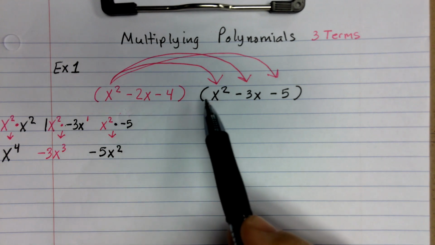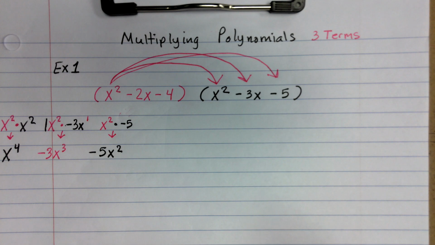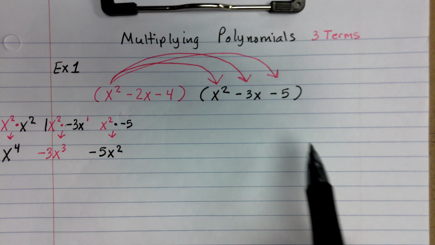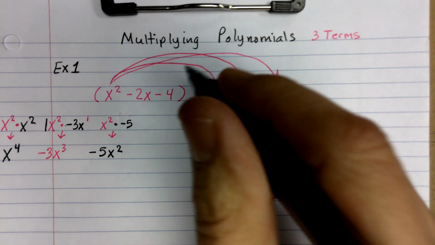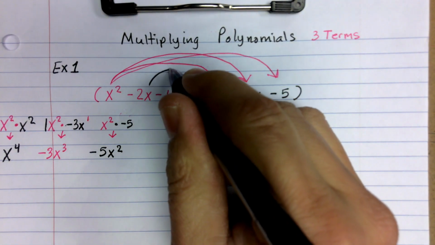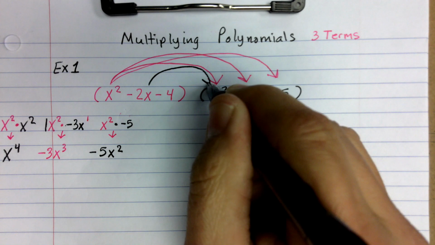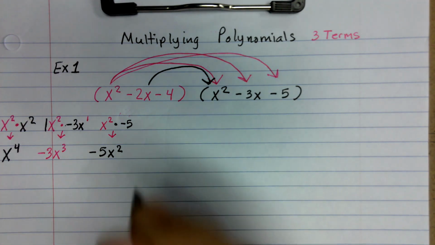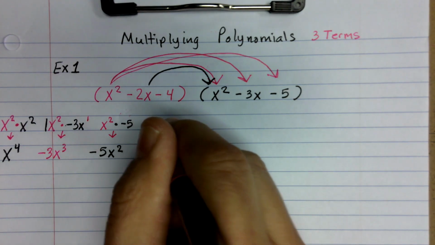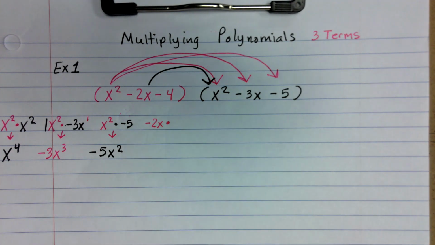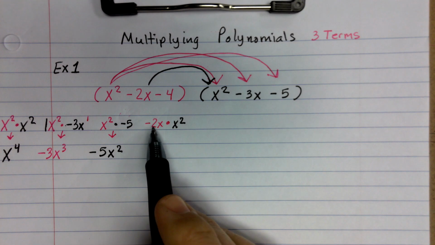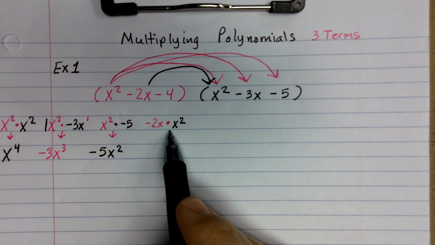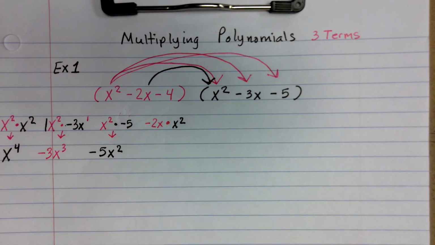So we finished the first term. We've multiplied this first term to all three terms in the second expression. We're going to continue this process now for the negative 2x. So I'm going to use my black pen to draw the arrows for that one. So I have negative 2x times x squared. So negative 2 times the invisible 1 that's in front of the x just leaves me with negative 2.